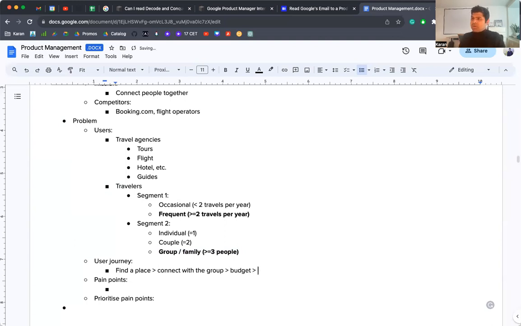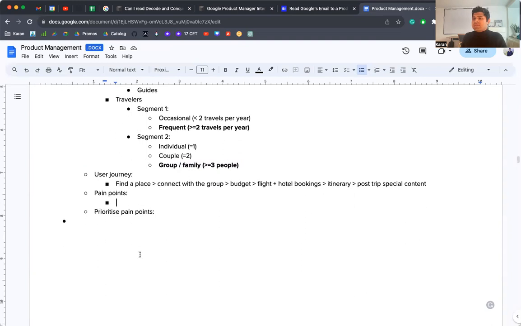Then maybe it is something around the budget. Let's fix the budget. Then let's start making the booking, so flight plus hotel bookings. Then it's probably the itinerary on where to travel exactly, the nuances. And then we roam there exactly, and then you come back. And there could be post trip, social content related stuff that you might want to post either as an individual or with the group, and so on.